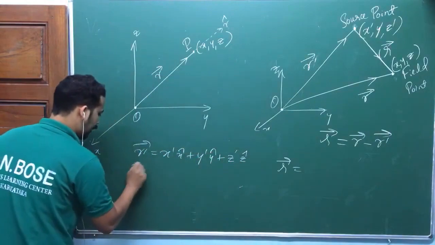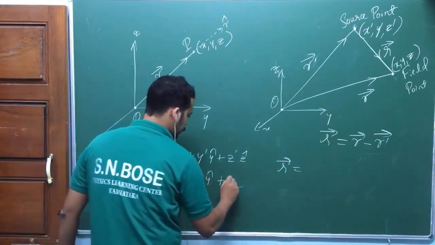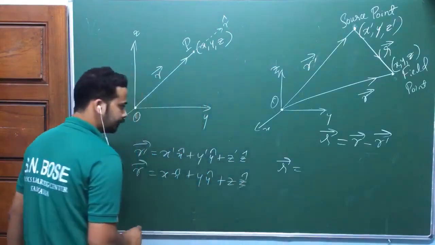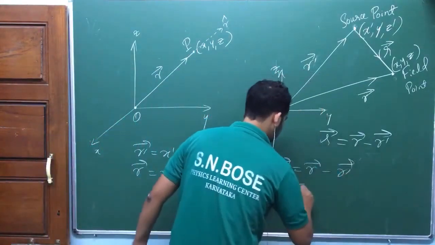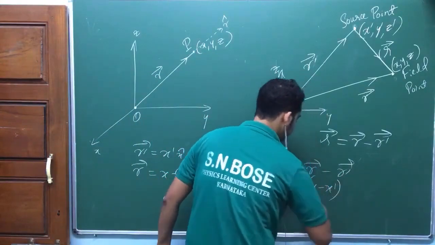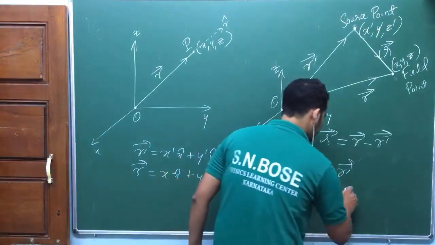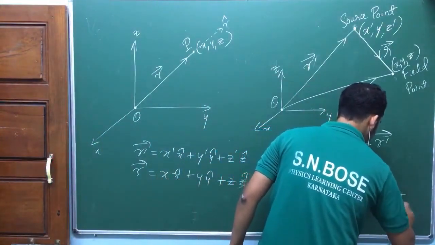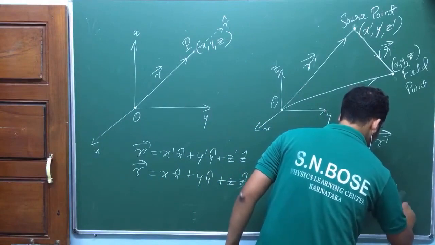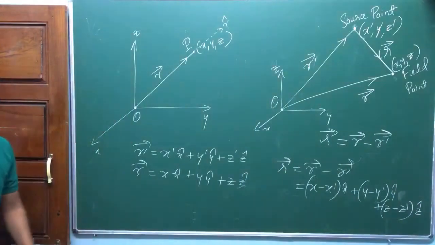R vector is equal to X into X cap plus Y into Y cap plus Z into Z cap. R vector minus R prime vector is equal to X minus X prime into X cap plus Y minus Y prime into Y cap plus Z minus Z prime into Z cap. I hope you can write these things.